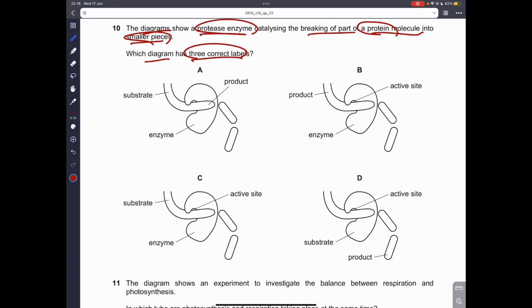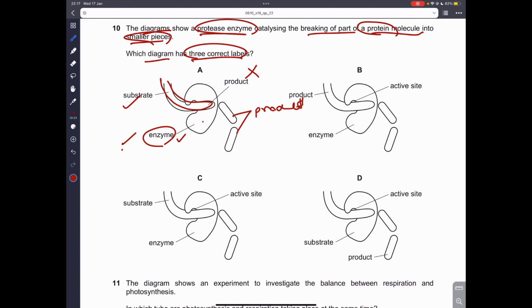Now which diagram has the correct labels? Now this is definitely the enzyme. The products are actually these 2, which are being broken down. And the substrate is actually this long polypeptide chain, or this long protein. So substrate is correct, enzyme is correct. However, the product is not correct. So A is not correct.